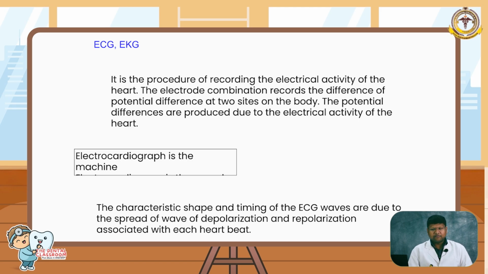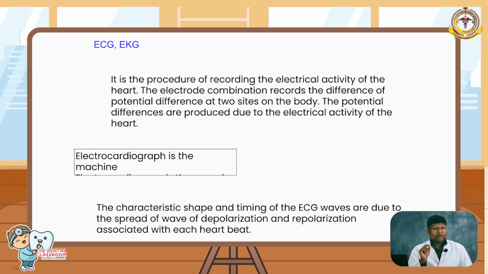So both are different. With this, you capture the electrical activity on a plotting paper, which is a wax coated paper. You can see in the clinicals when you take an ECG printout, you see a wax coated paper with a graphical representation.